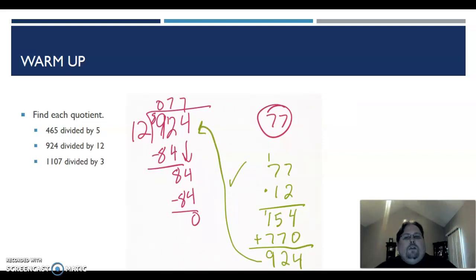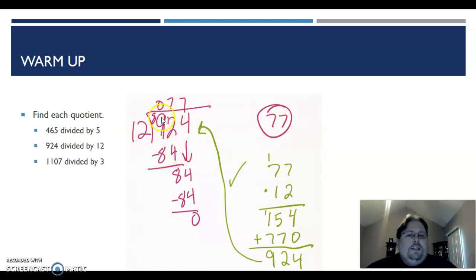Here's an example for 924 divided by 12. This one's a little bit more involved, because we have a double-digit number as our divisor on the outside. So 12 doesn't go into 9, so I put my 0, but 12 does go into 92 7 times. 7 times 12 is 84. I subtract those.